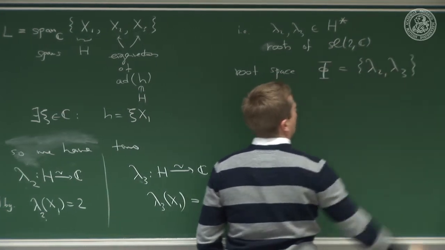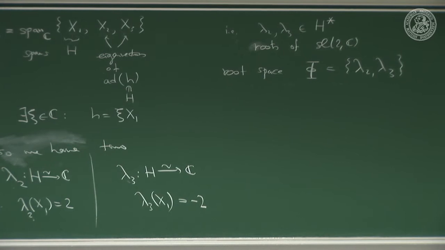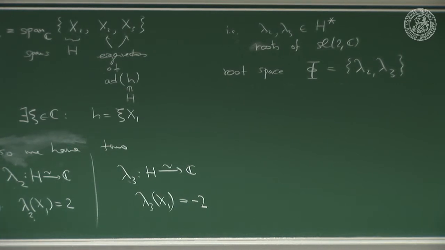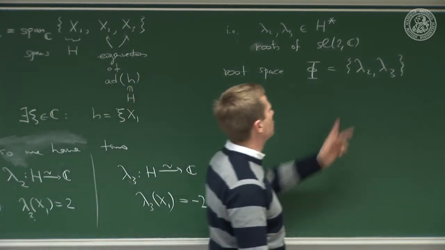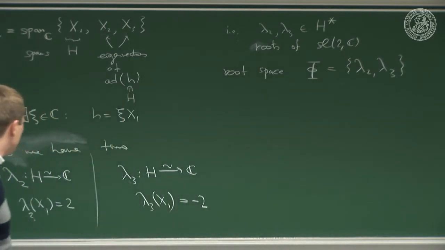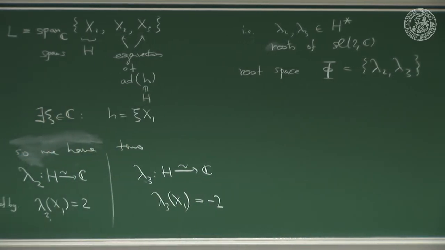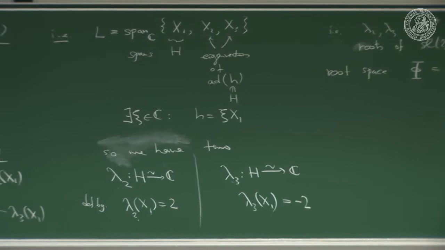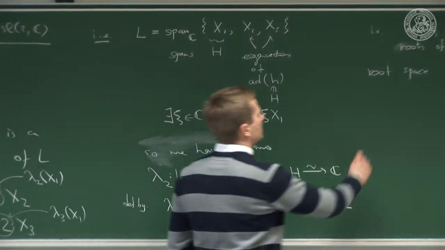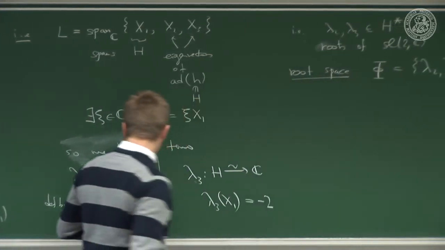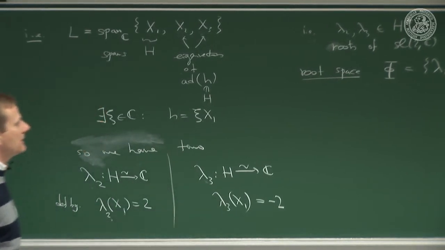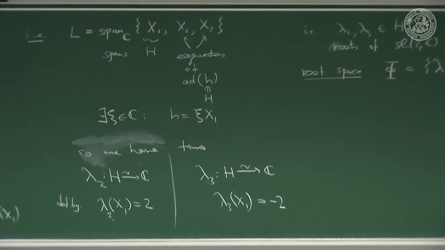And you see we had the abstract result that if you have a root, then minus that root is also a root, and that is the case here. Minus lambda 3 is lambda 2. That's the root space of SL2C, and it's these particular roots defined on a basis like this.